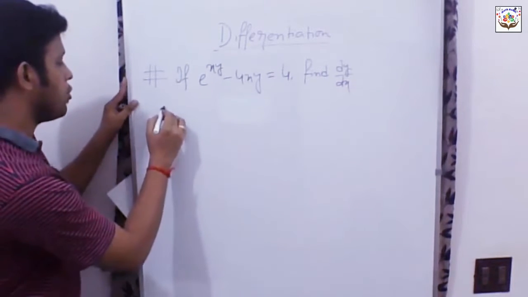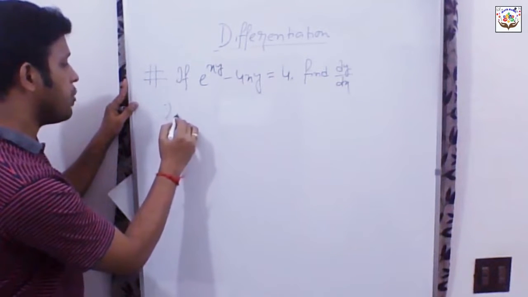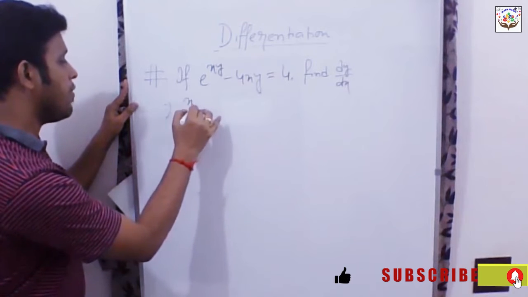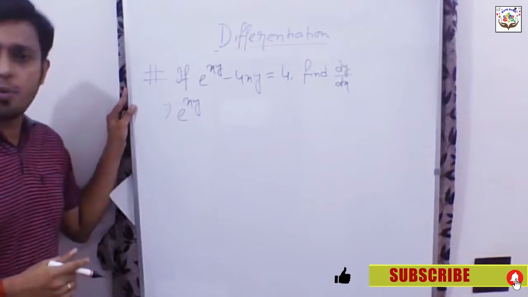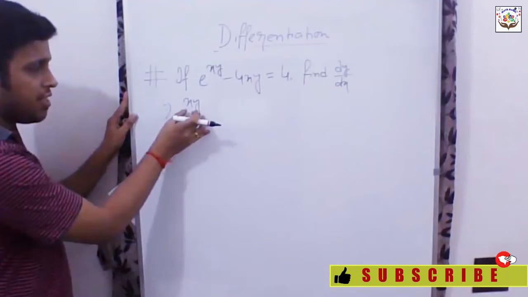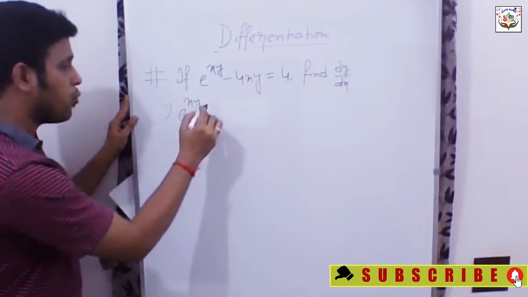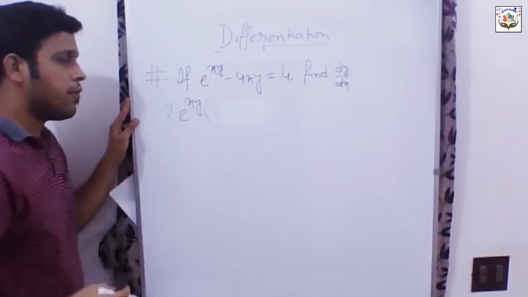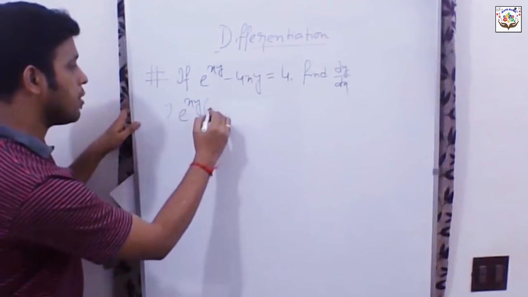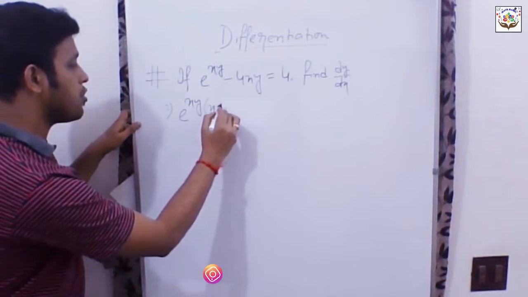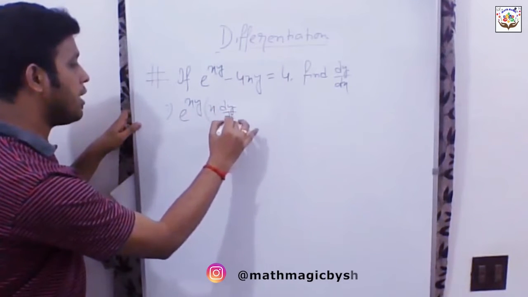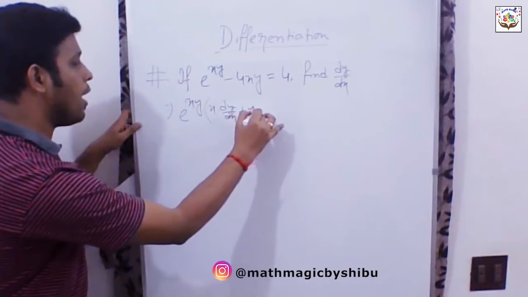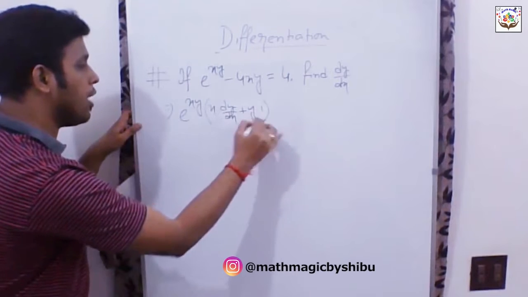Okay, so if we start differentiating with respect to x, then derivative of e to the power xy will be e to the power xy, and as instead of x we have xy, so we need to have the derivative of xy. So the derivative of x into y is x dy/dx plus y into d/dx of x, which is 1.